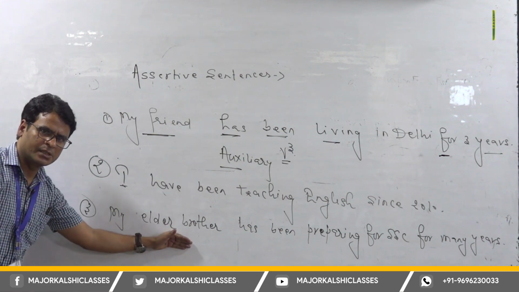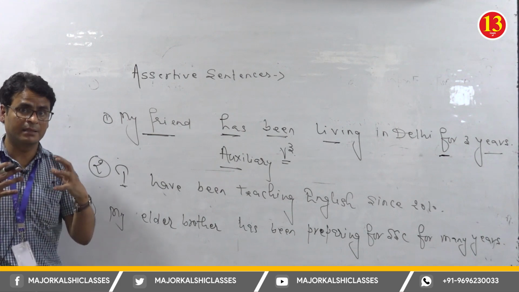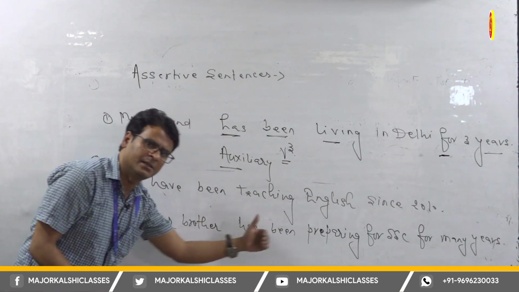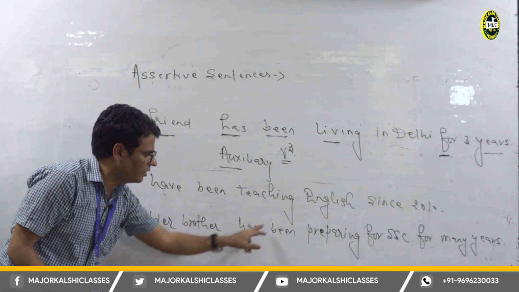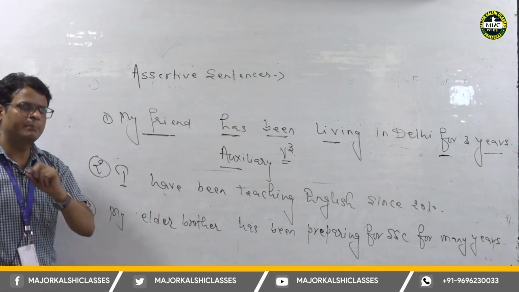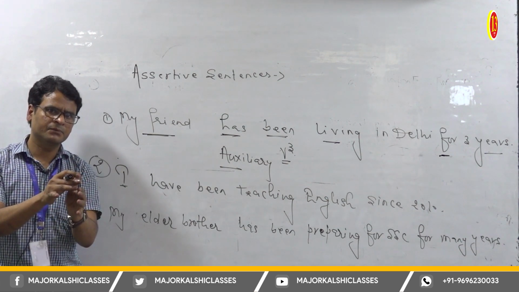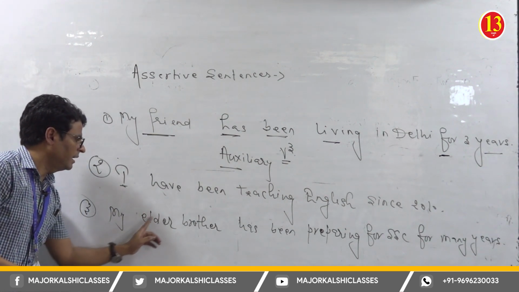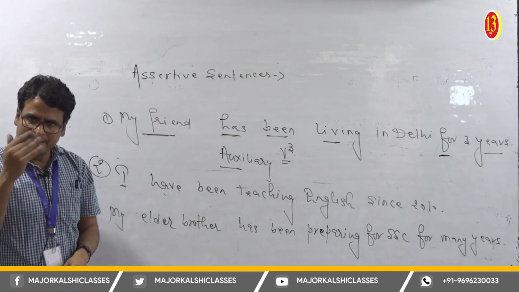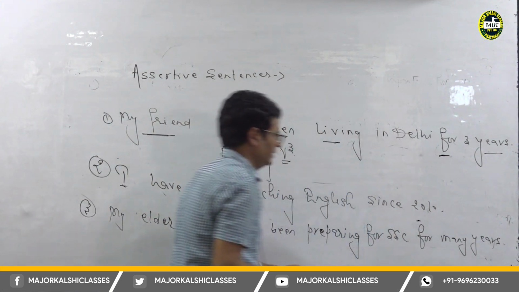My elder brother, this is your subject, and I am talking about my elder brother. It is your singular subject. My elder brother has been, this is your auxiliary. Has, it is your auxiliary, and been, it is the main verb. Main verb, you remember main verb which can be turned into second form, third form, first form, that is called main verb. My elder brother has been preparing for SSC for many years. Many years, that is not definite, so I use preposition for.